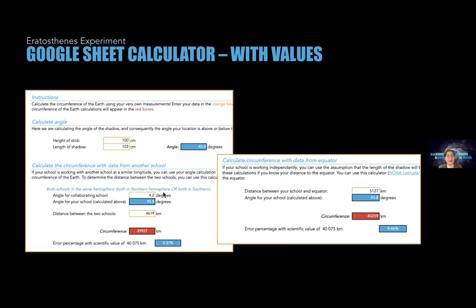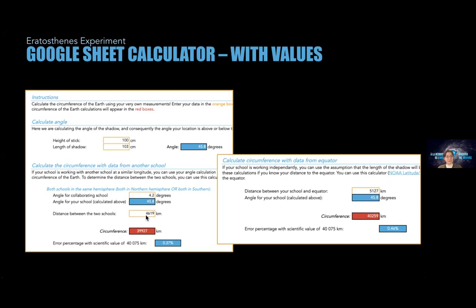The angle for her collaborating school was 4.2 degrees, and the distance between the two schools was 4,619 kilometers. Using all of that data, all of those calculations, she was able to get the circumference of the Earth within 0.37% error. So it was extremely close to the actual scientific value of the circumference of the Earth.